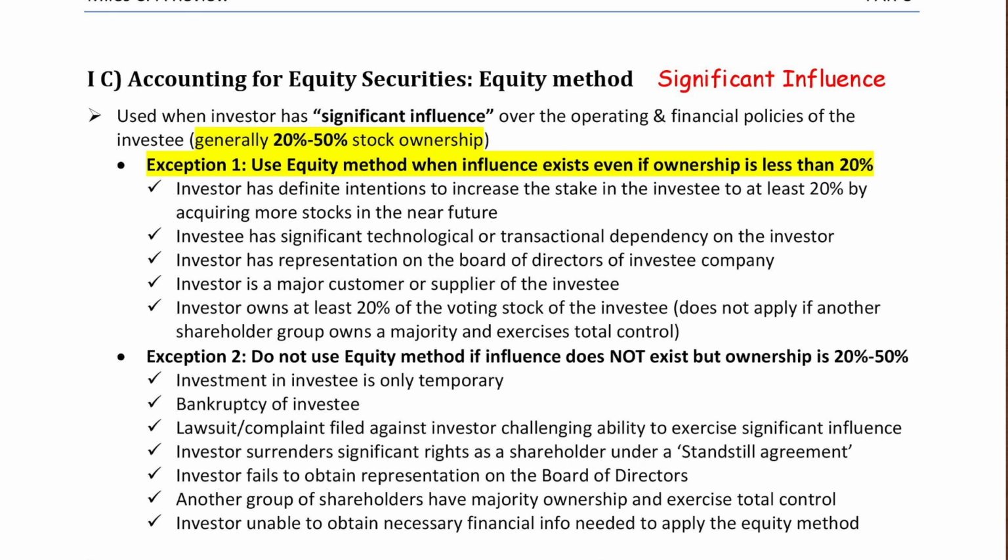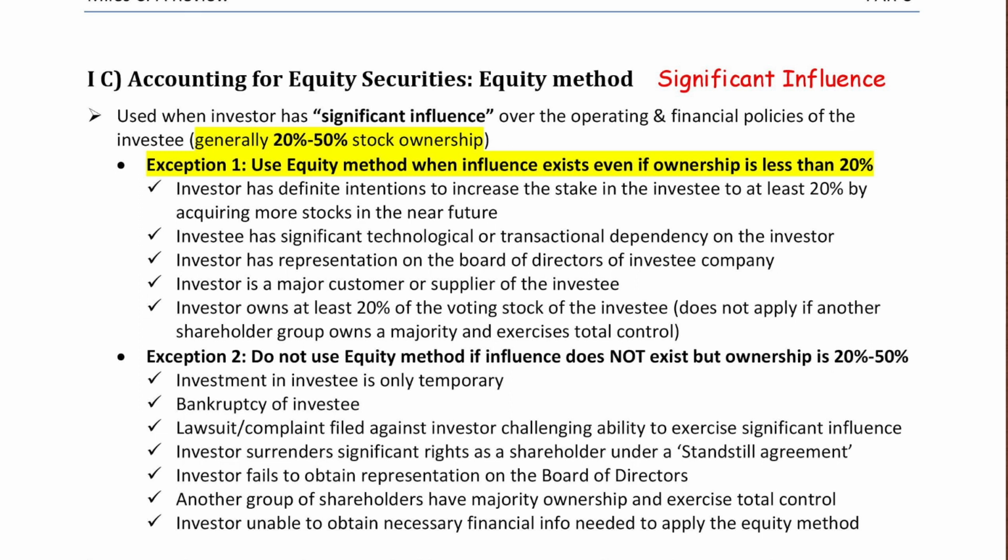For example, let's say the investor has definite intentions of increasing the stake to 20% or more. Or let's say the investee has significant technological or transactional dependency on the investor. Or let's say the investor has representation on the board of directors of the investee. Or the investor is a major customer or supplier of the investee.